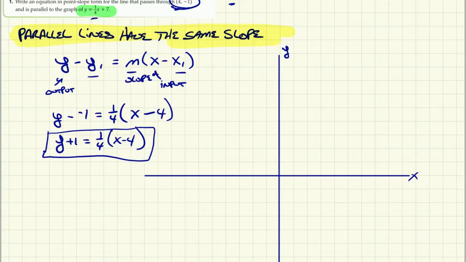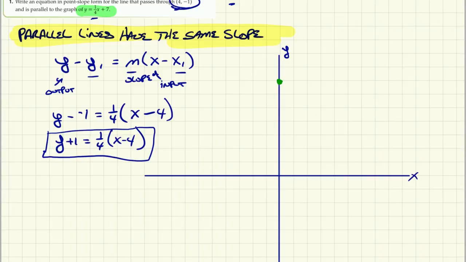The first thing we know is that this equation is in y-intercept form. So we know that we have a point at positive 7, y equals 7. So 1, 2, 3, 4, 5, 6, 7. We're going to have a point there.